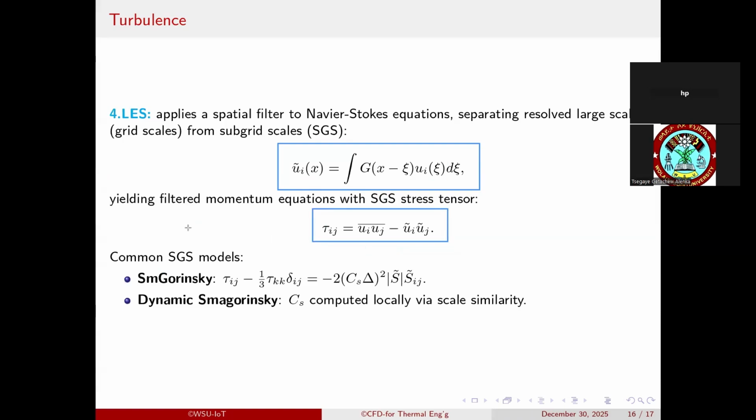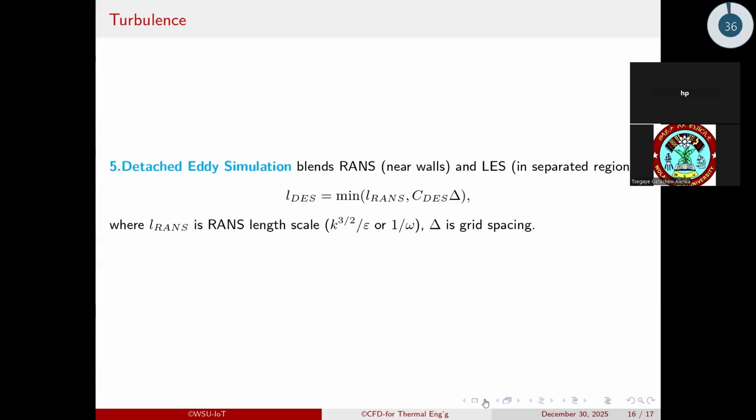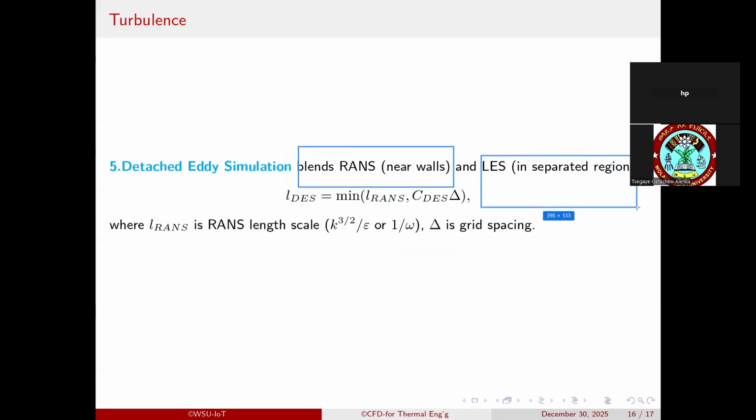Such a simulation resolves large scales and models only small scales, using blends of Reynolds-averaged Navier-Stokes equations, which is the first method. So it is resource intensive. Here it is used only for large eddy simulation in separated regions.